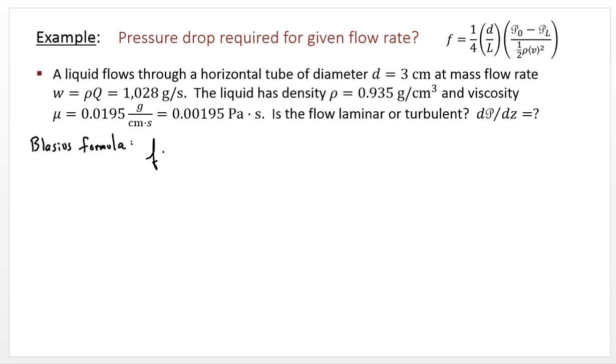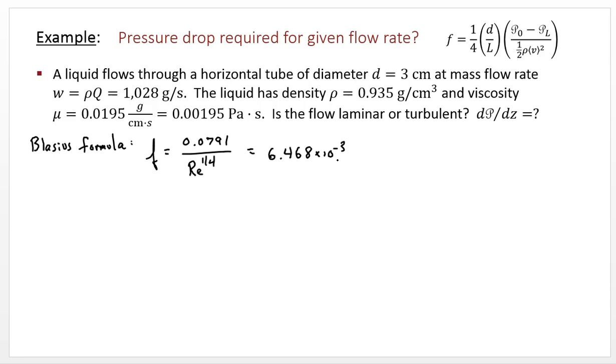So Blasius formula F is equal to 0.0791 divided by Reynolds to the 1/4. And if we substitute here, you would get 6.468 times 10 to the minus 3. So now we have F.